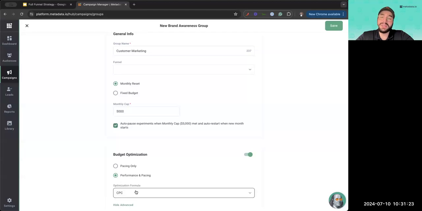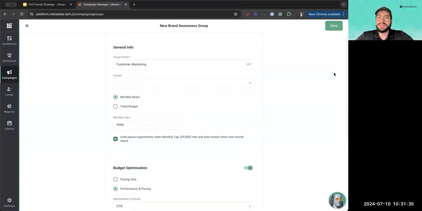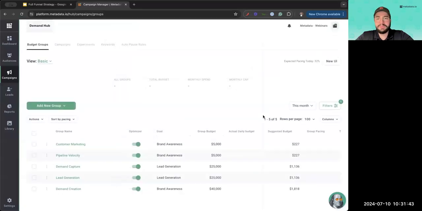So I'm really maximizing that efficiency. But let's say I'm running videos, or I'm running other content and I care more about click-through rate. Great. I'm going to be selecting click-through rate here to be optimizing and shifting all of that daily budget, so I can do the million other things on my plate. So I'm going to save that.